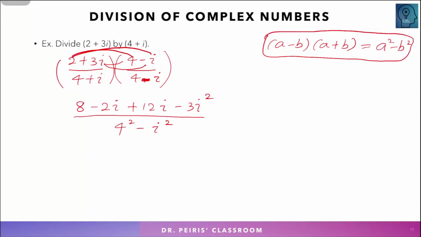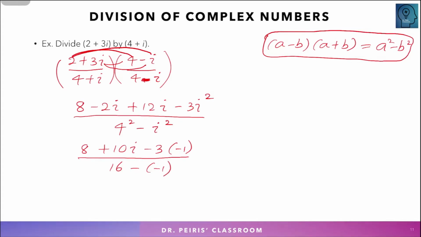Now let's simplify the numerator. So we have 8 minus 2i plus 12i is plus 10i, minus 3i squared is negative 1, and 4 squared is 16 minus i squared is again negative 1.